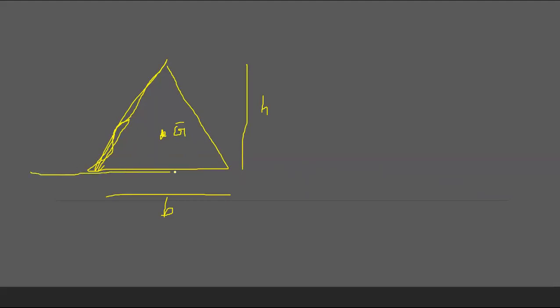For a triangle, let's say this is G, this is H, and this is P. Now this is the axis going through its base, not the centroid, but people have found Ix as they know the value, PH cube over 12.